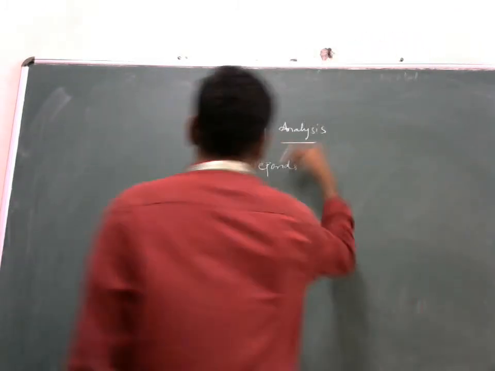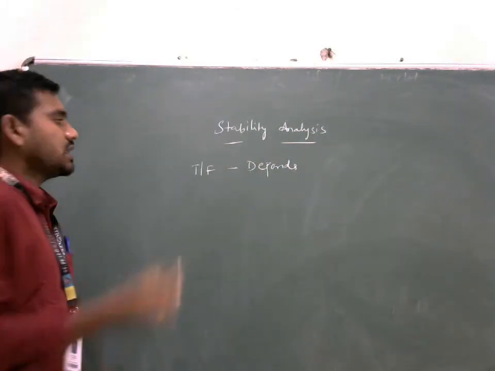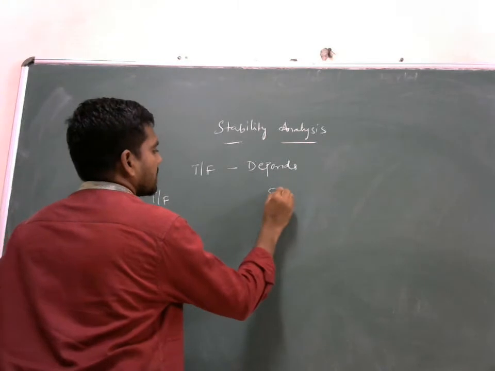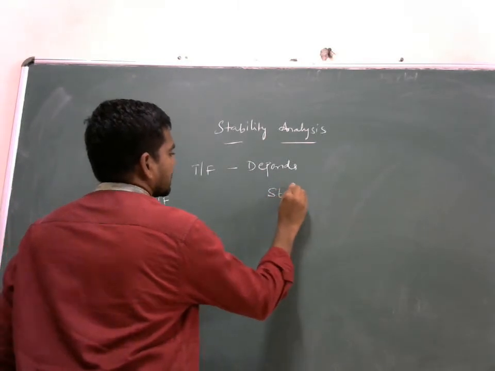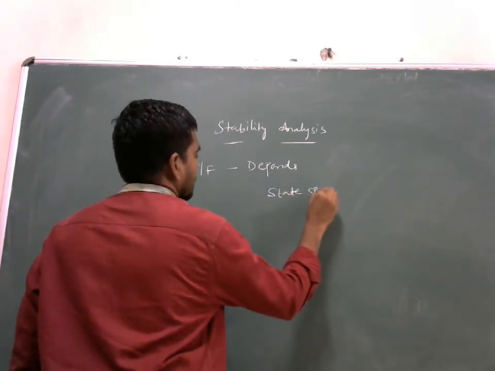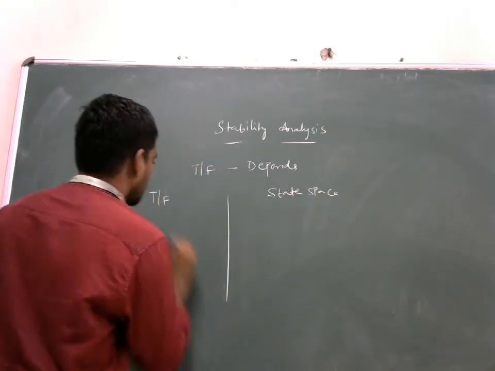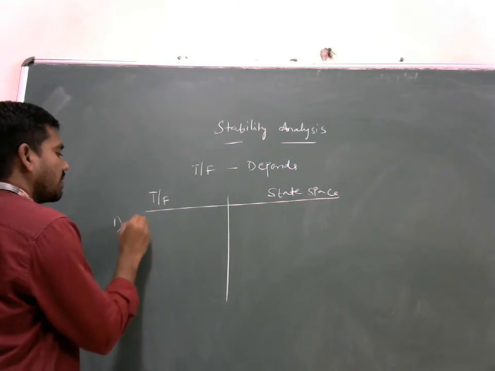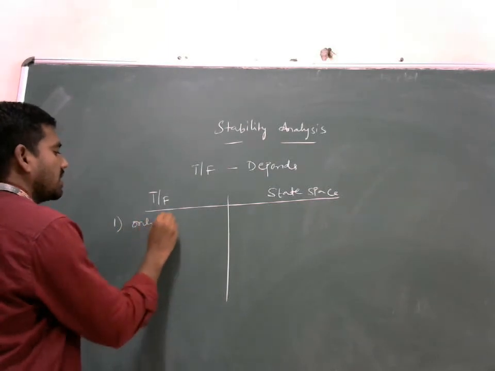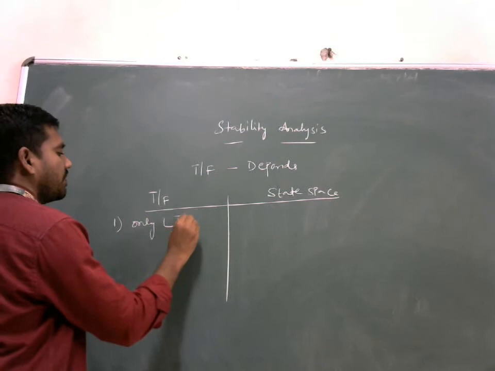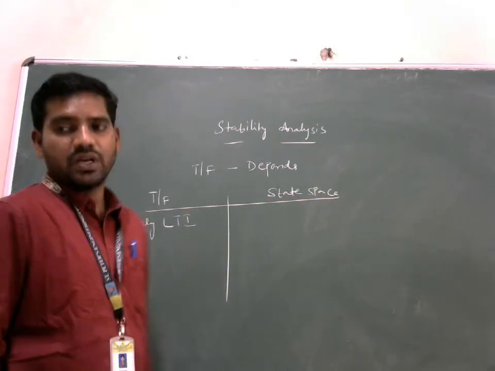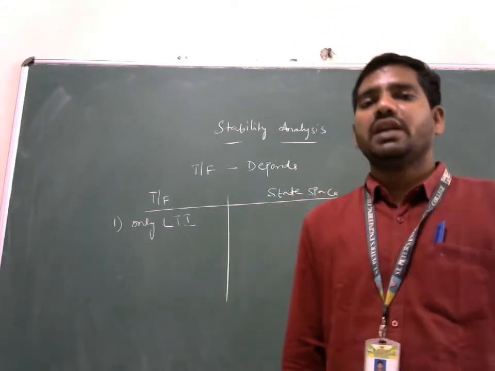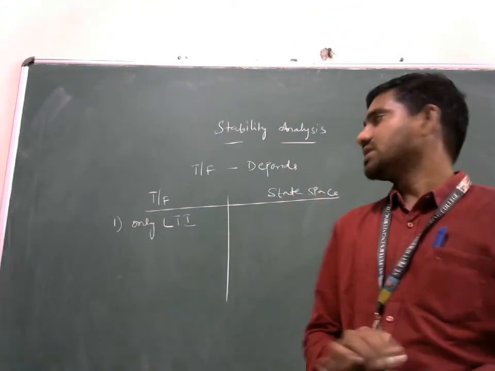Before going to stability analysis, I will tell two things. There are two types: transfer function analysis and state space analysis. Whatever we are discussing, this transfer function analysis is applicable only for linear time invariant systems.